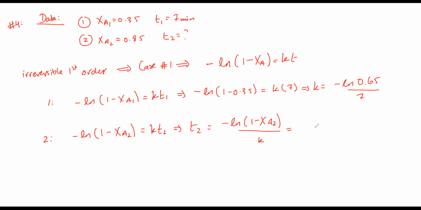XA2 is 0.85, so I'm going to get 7 ln 0.15 divided by ln 0.65, right? So minuses cancel out. K is 7 over ln 0.65. And if I solve for this, the number I got is 30.83 minutes. And this is the answer for the first part of this problem, right? So basically, this is case number 1 for a first order reaction.